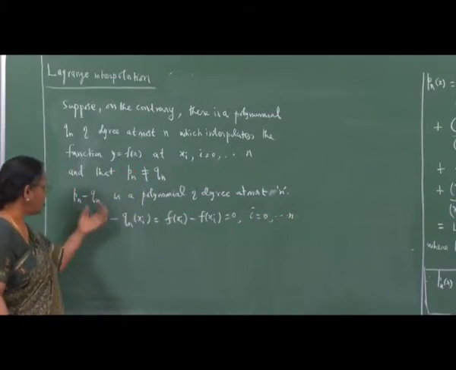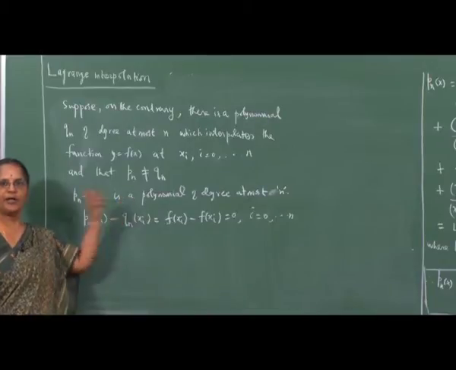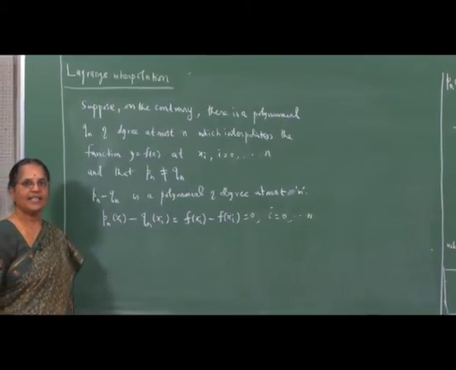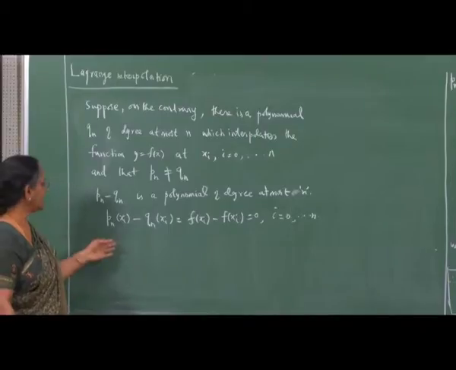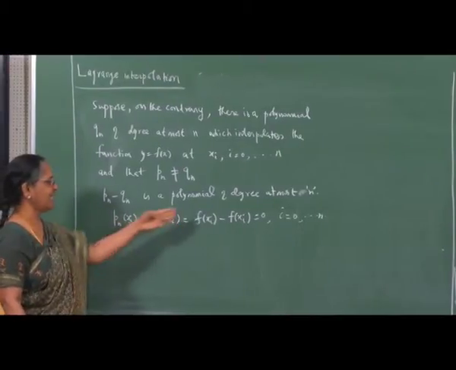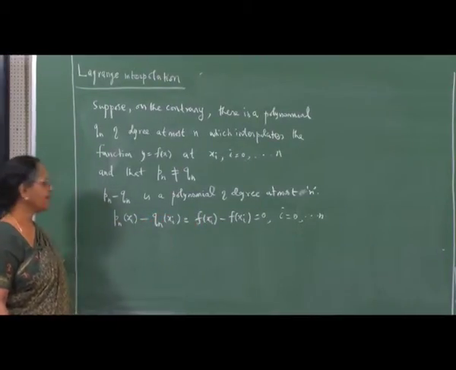Why? Each is an interpolating polynomial for the function f of x that interpolates the function at the interpolation points xi for i is equal to 0 to n.